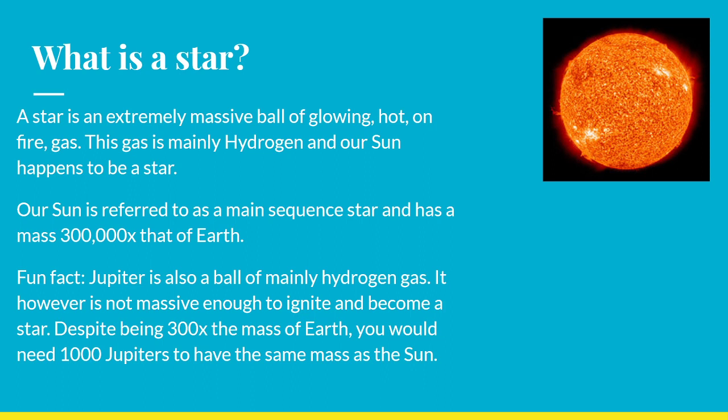However, it is not massive enough to actually ignite in the same way that our sun does. Jupiter is 300 times the mass of the Earth, but you would need 1,000 of them just to have the same mass as the sun. The sun is very, very big, and it's one of the things that contributes to it igniting.